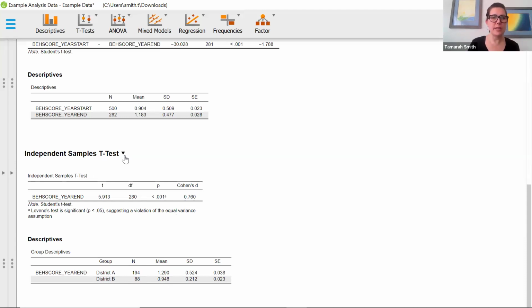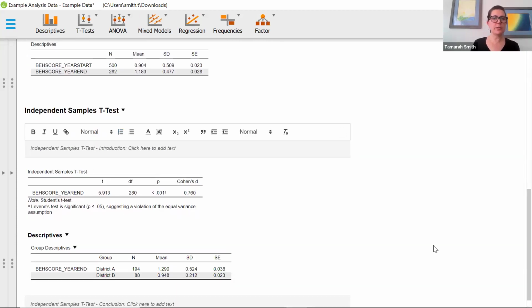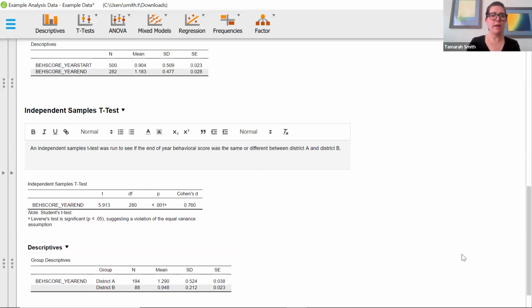Great. Let's see what that looks like when we write it up. All right, first things first, what did we do and why did we do it? An independent samples t-test was run. That's what we did. Why did we do it? To see if the end of year behavioral score was the same or different between District A and District B. What did we find?